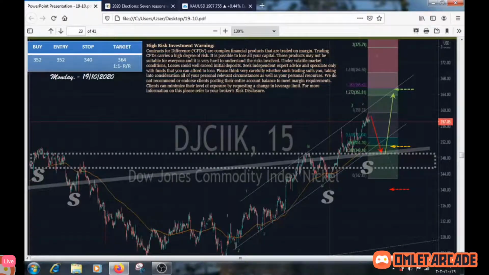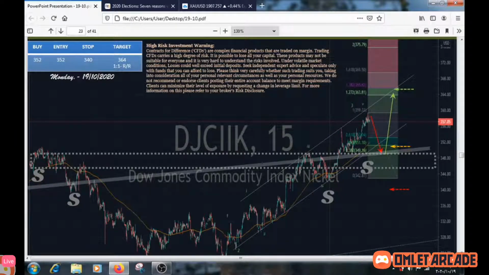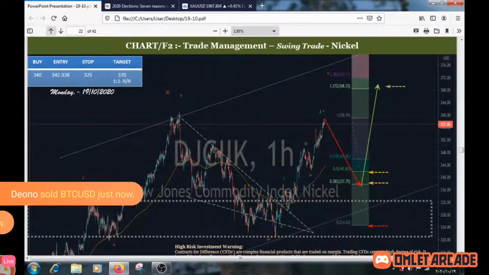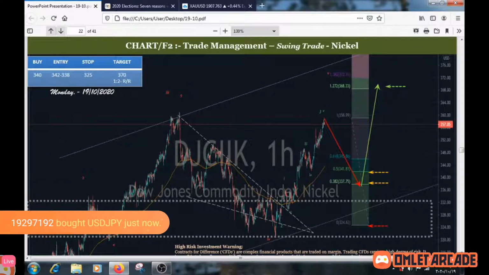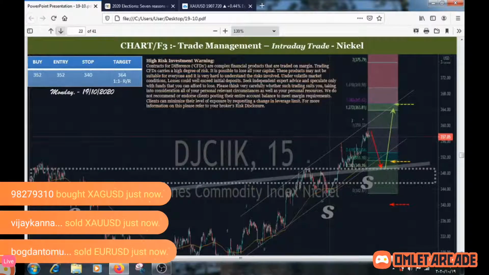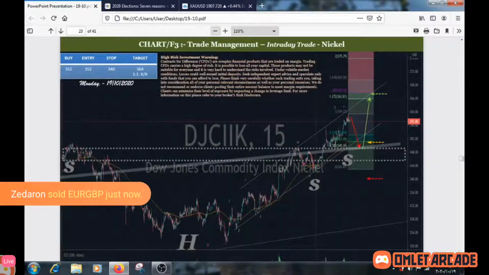If you would rather be in gold or another commodity, then you could use the swing trading entries. These may be seen and may not be seen, may be filled or may not be filled. It depends on the correction of other metals, especially gold. That's my take on it.